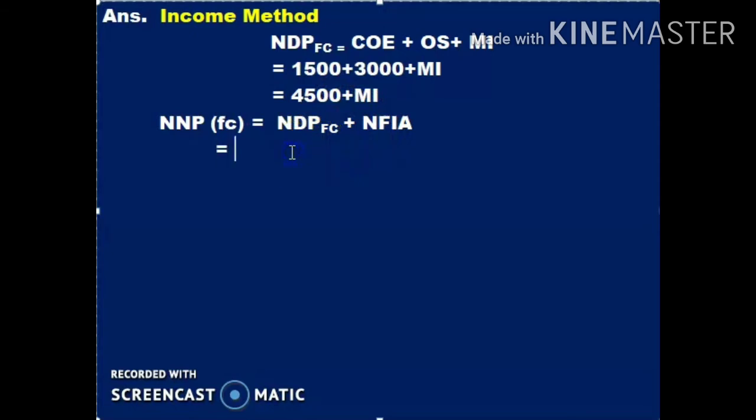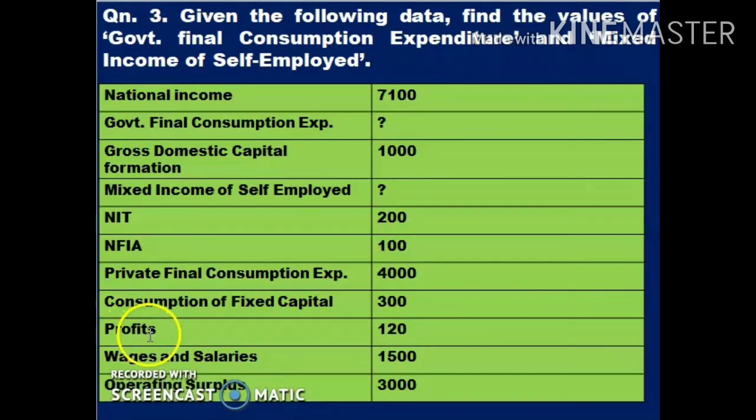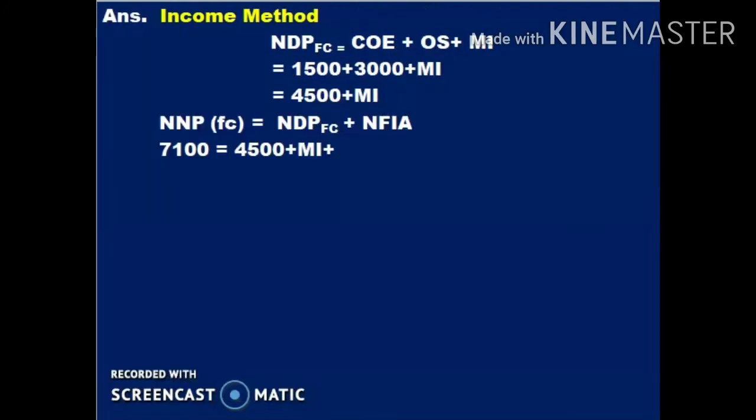National income is given in the question as 7100. You write like that, and then substitute instead of NDPFC: 4500 plus this MI, then plus NFIA, which is given in the question as 100.